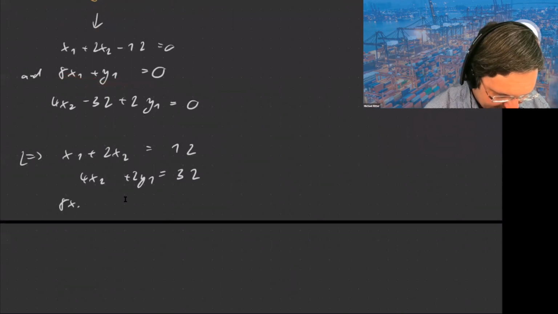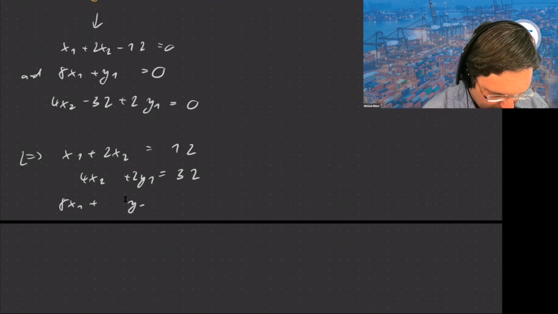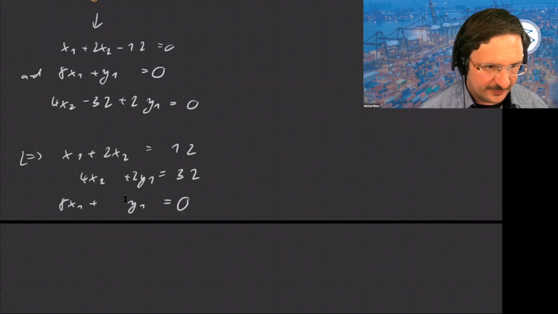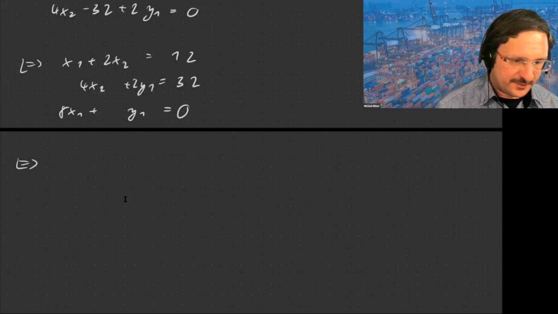That's 8x1 plus y1 is 0. And if we solve that, we can use Gaussian elimination for that.